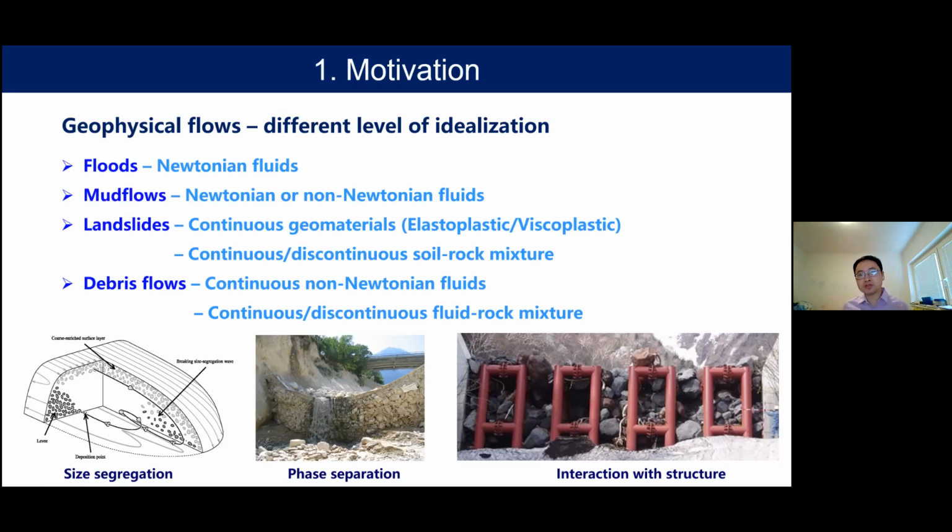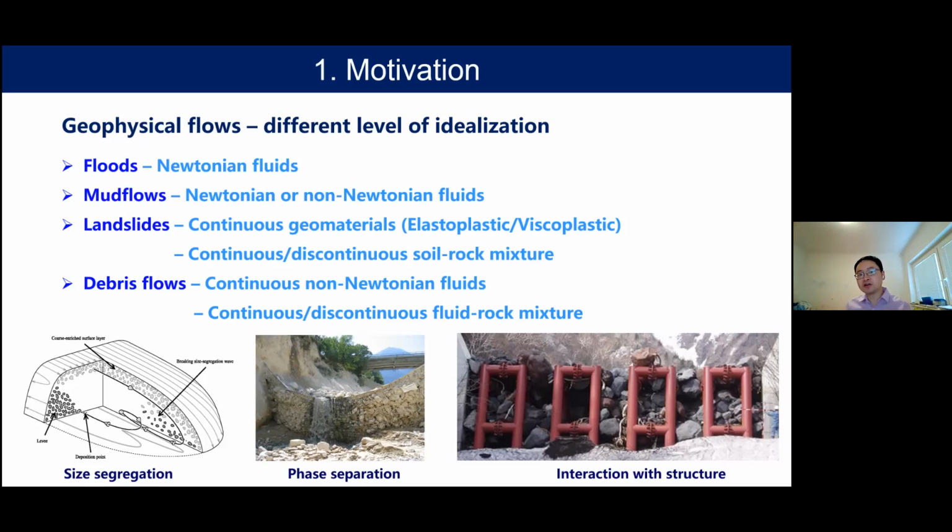But if you want to simulate some particular phenomena, for example, size segregation, which means that in a debris flow, the large particles like rocks will accumulate on the surface and in the front area of the flow. But in the part after the front, you will have small particles.